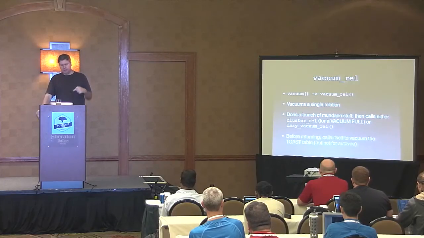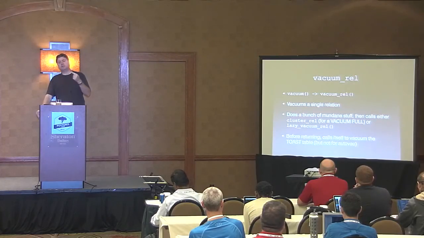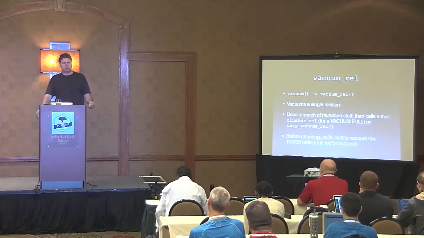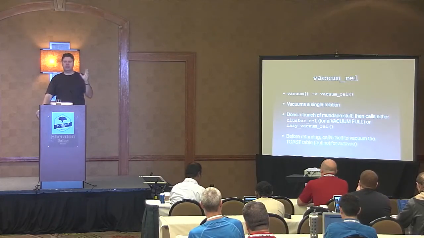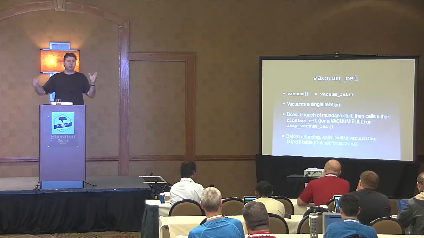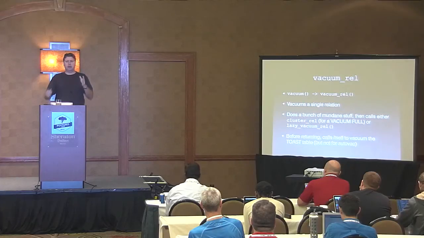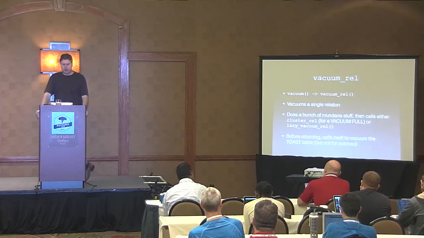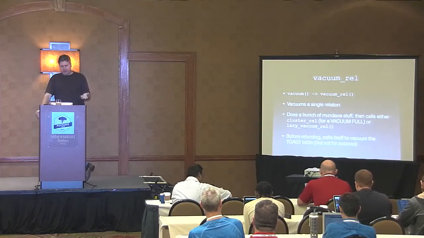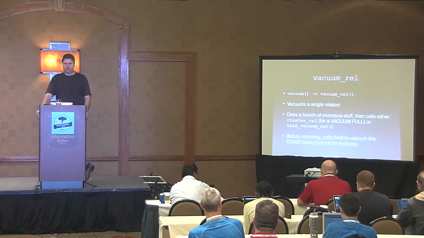Before returning, it calls itself to vacuum the toast table. Toast is when you have a text field, varchar, anything that can be very large. If you have values that exceed roughly 2K, they get put into a separate table called a toast table. That toast table has to be vacuumed separately. So that is the last thing vacuum_rel does, it calls itself again to say, hey, now go vacuum the toast table.